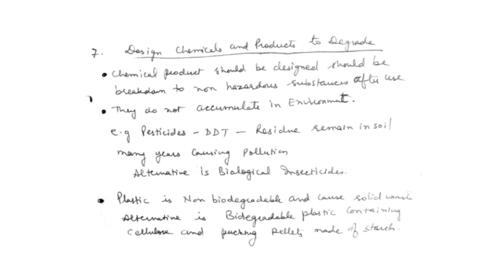The next principle is design chemicals and products to degrade. It should be designed so that it breaks down into non-hazardous substances after use. For example, we know about DDT.